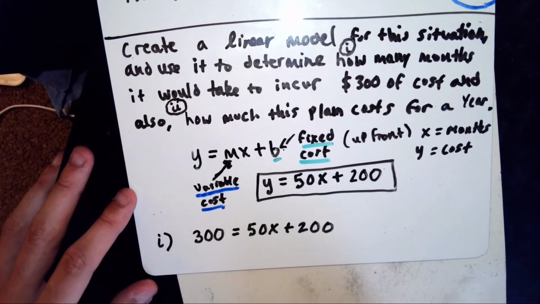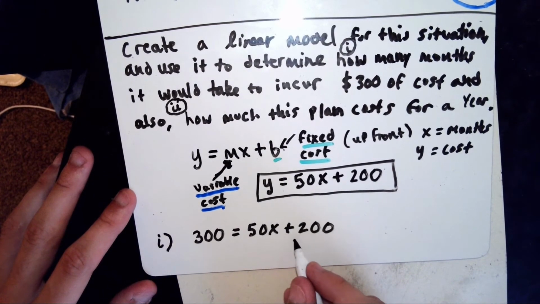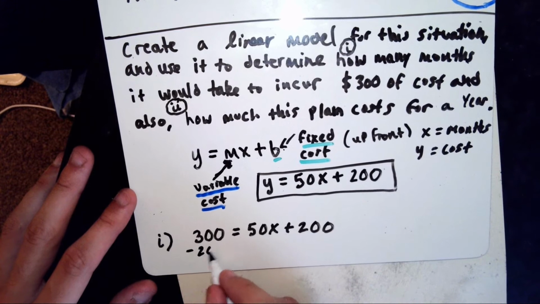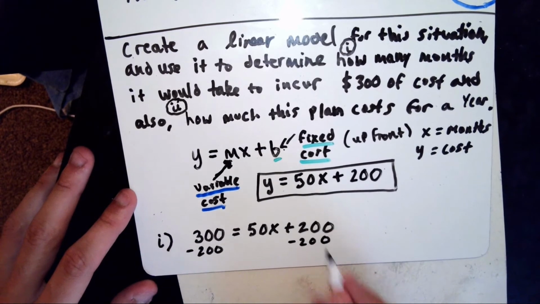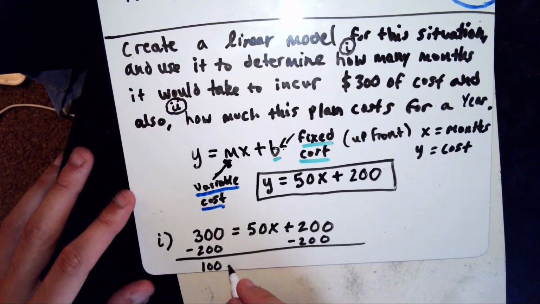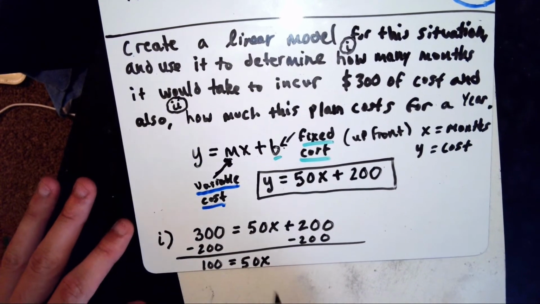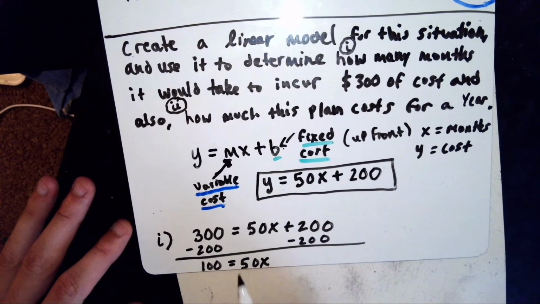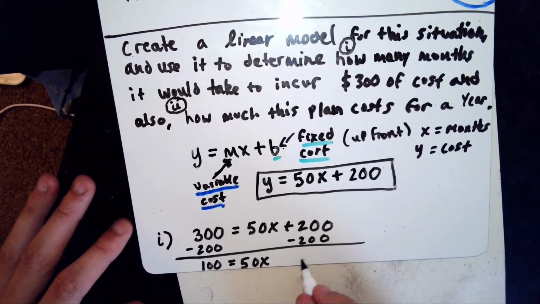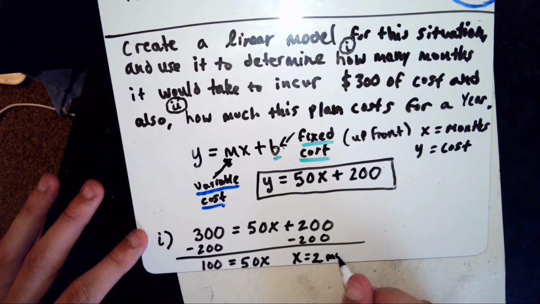The first thing we'll do is subtract 200 from both sides, and we get 100 on the left side, and on the right-hand side of the equation we get 50x. Therefore, after dividing both sides by 50, we get that x must be equal to 2. So x is 2 months.